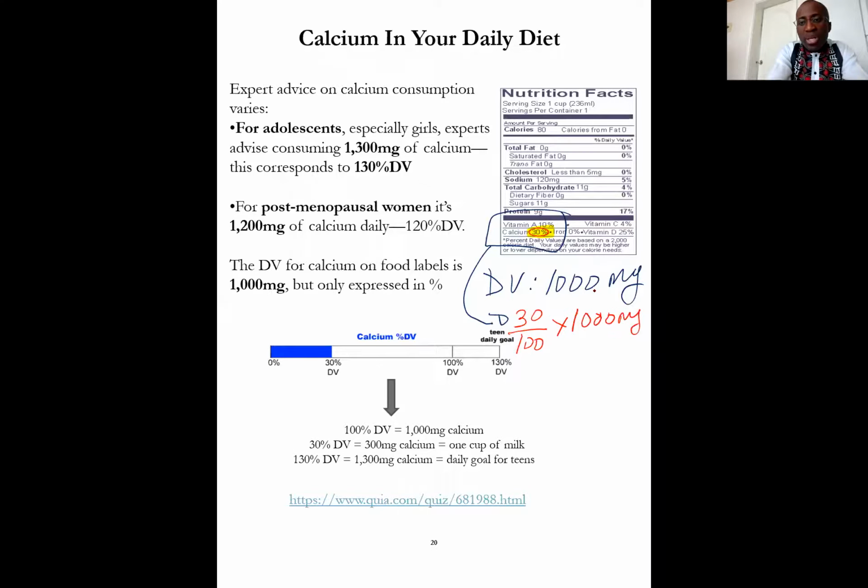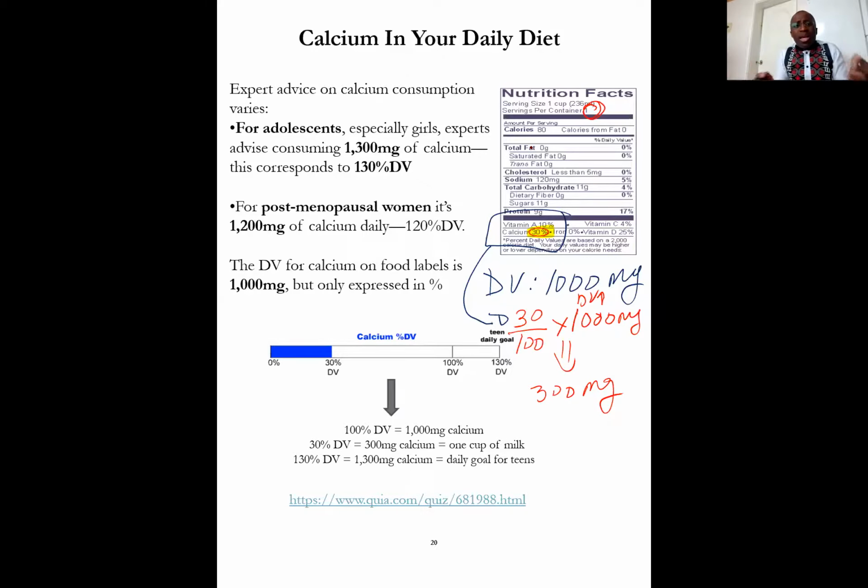The 1,000 milligrams is the daily value. So what is the answer? The answer is 300 milligrams. This food, per serving size per container, is only 1. This food only has 300 milligrams of calcium.